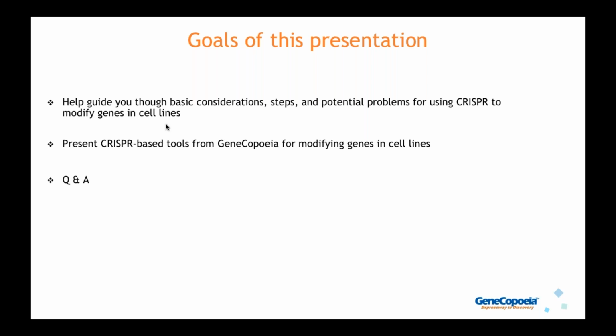Today is mainly about using these tools in cell lines. And so then, of course, I'm going to present the CRISPR-based tools from GeneCopia for modifying genes in cell lines. And then finally, I'd like to have a question and answer session. So it'd be great if this could be more of a workshop than a lecture. So please bring your questions ready.